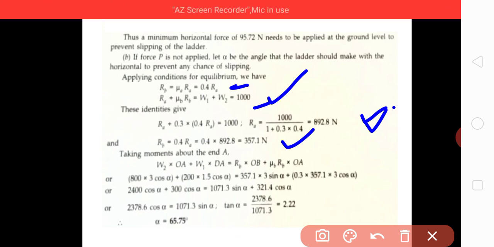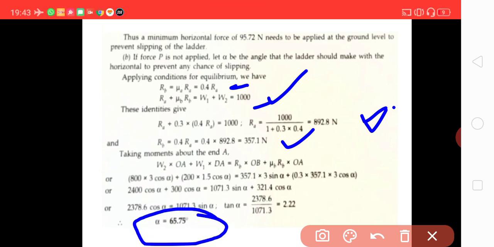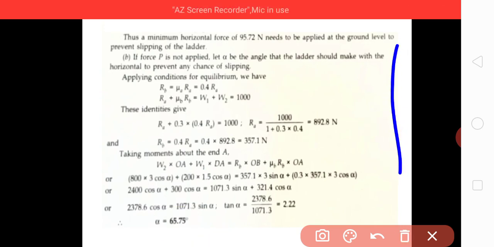After solution, you will find that tan alpha is equal to 2378.6 upon 1071.3, that is 2.22, and alpha comes out to be 65.75 degree. So an angle of 65.75 degree is the minimum angle required to hold the ladder in position if the force is not applied at the root.